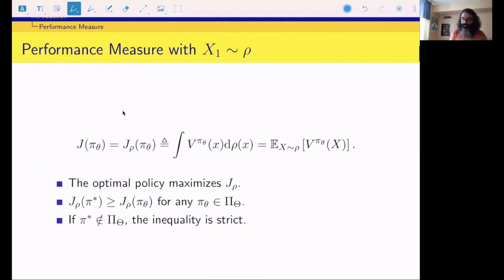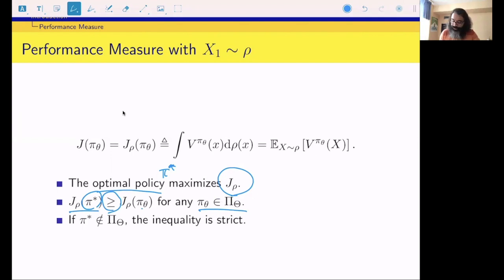Okay, so as we had for the single state case, we know that the optimal policy pi star maximizes this J of rho. As a result, J of rho of pi star is greater than or equal to J of rho of any policy in that policy class.